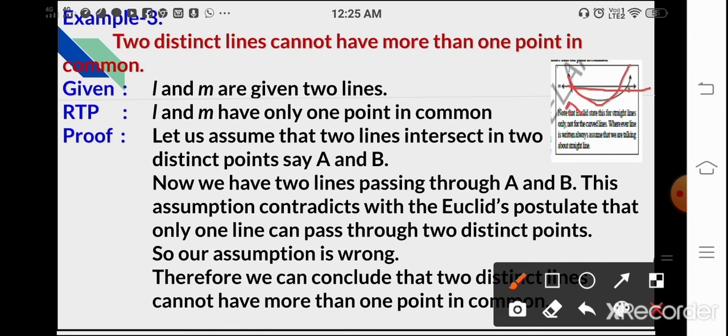Here A and B are 2 points given. L and M are given 2 lines. RTP. Here RTP means required to prove: L and M have only one point in common. We have to prove it.